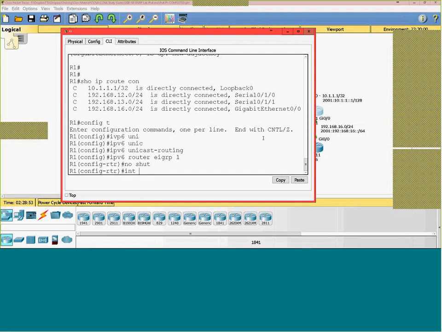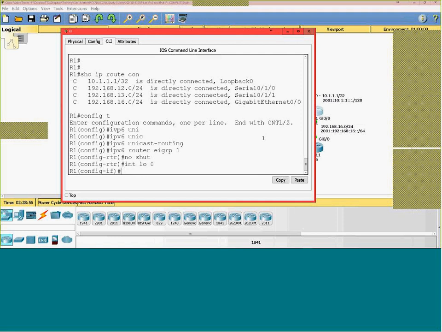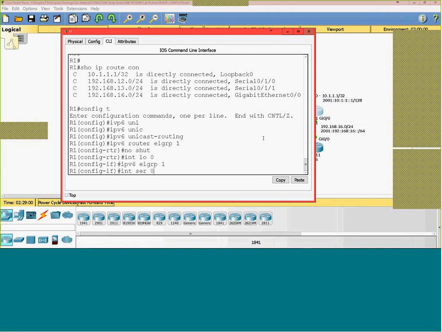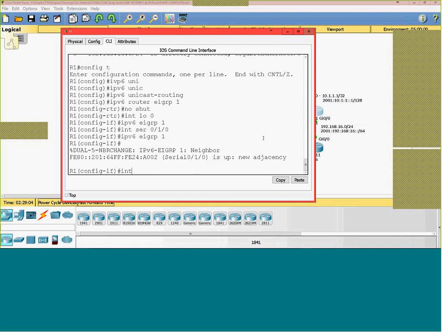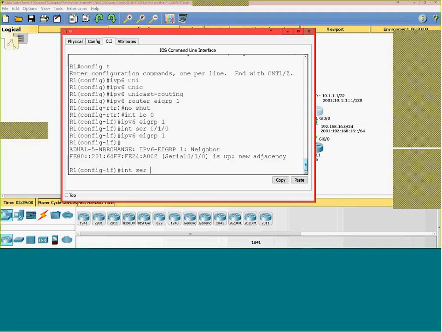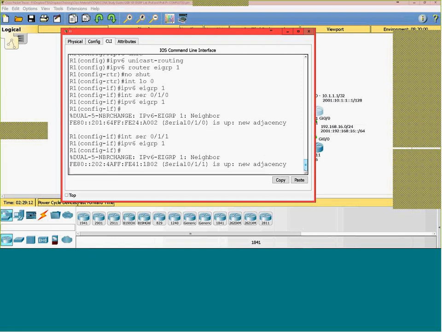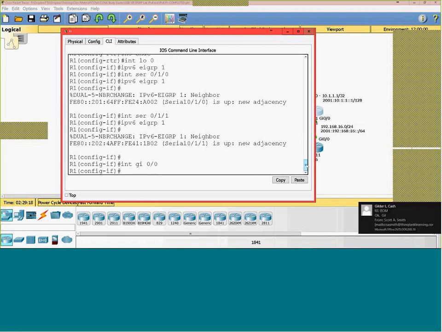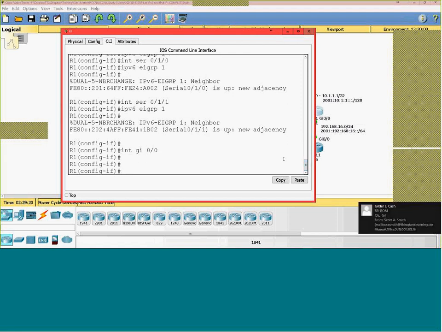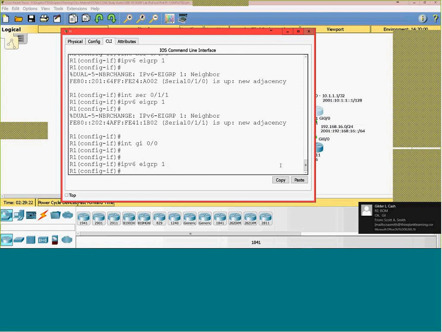And interface LO0, IPv6 EIGRP1, interface serial 010, interface serial 011, and interface GI00. There we go.